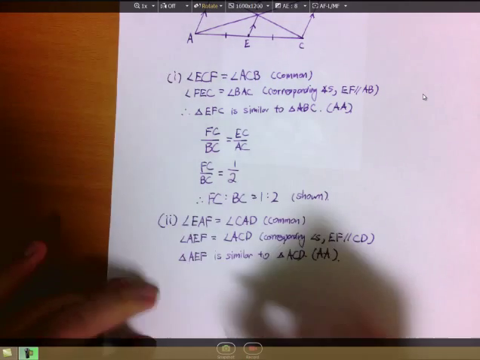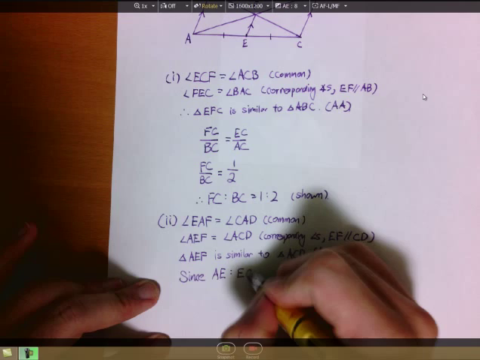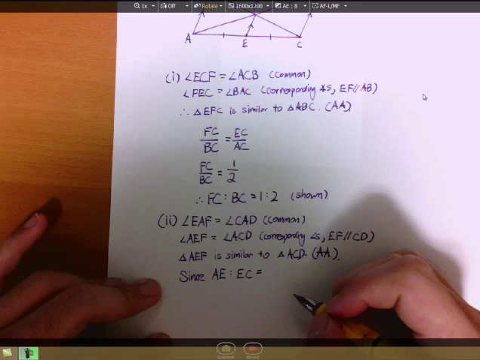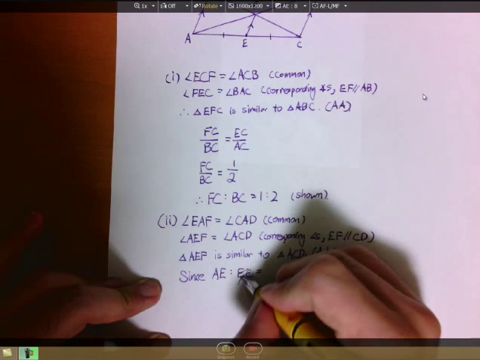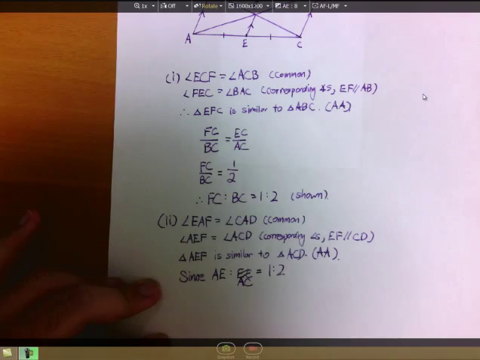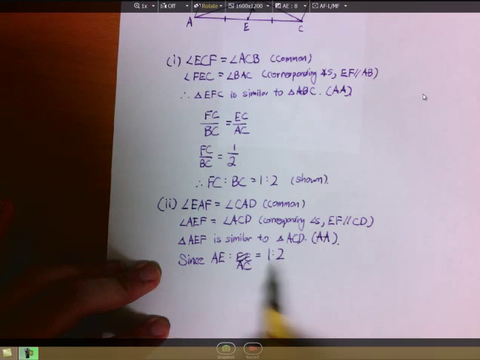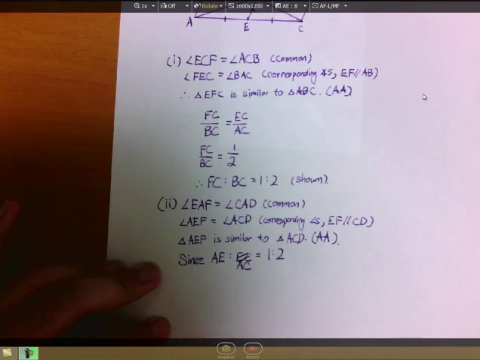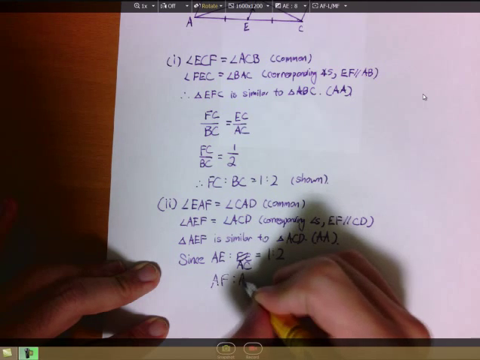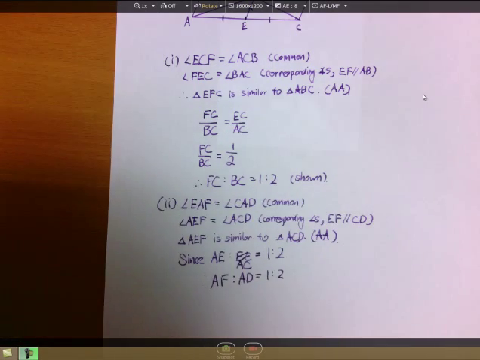Now this is what we will say. Since AE is to AC is equal to 1:2, then similarly, I can also say that AF is to AD is also equal to 1:2, because they are similar triangles.